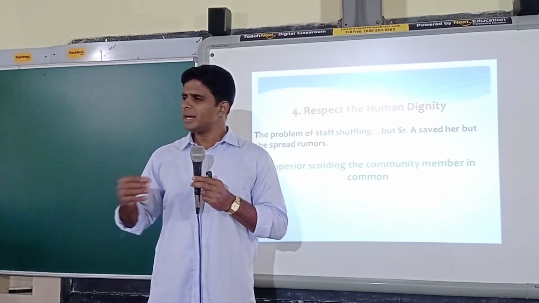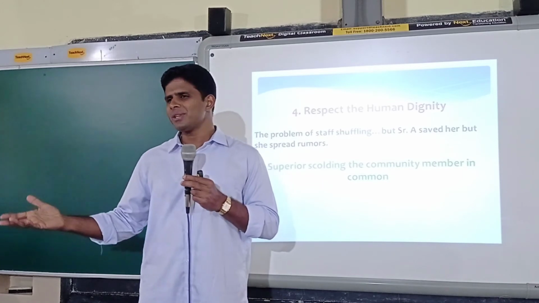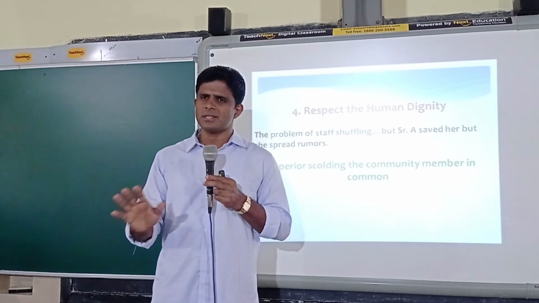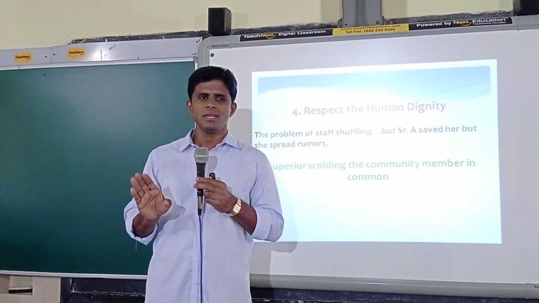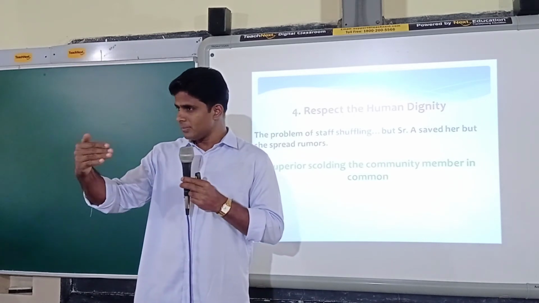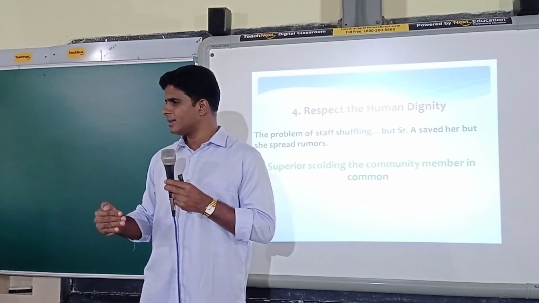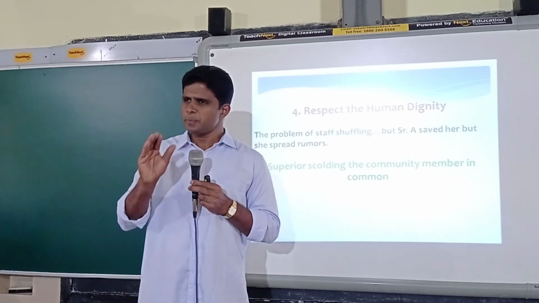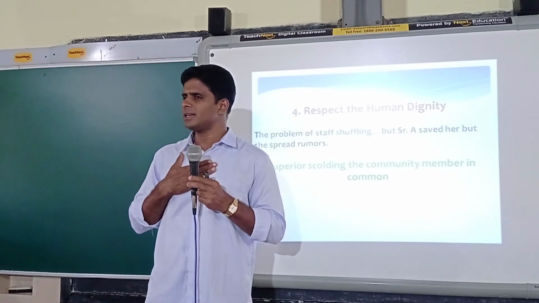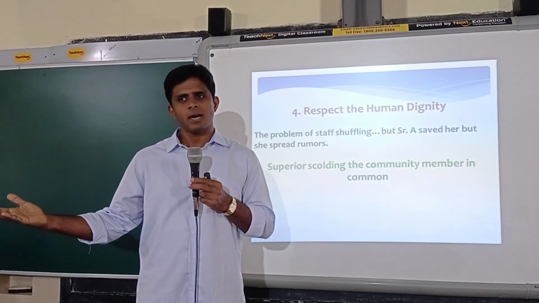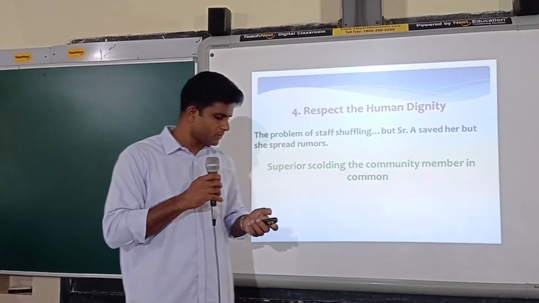Never. Okay, let us correct them, but not in front of others, especially when people are in our community from outside. As superiors, we have to practice patience, we have to suffer that time. But when nobody is around, let us ask them or give them corrections. Okay.